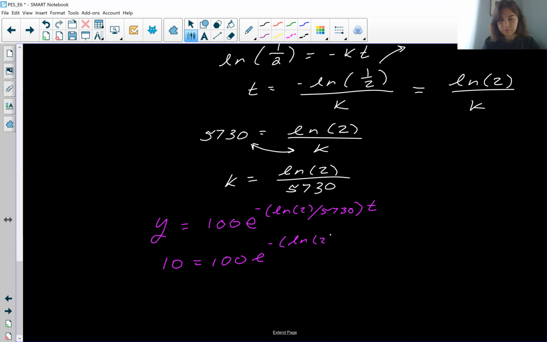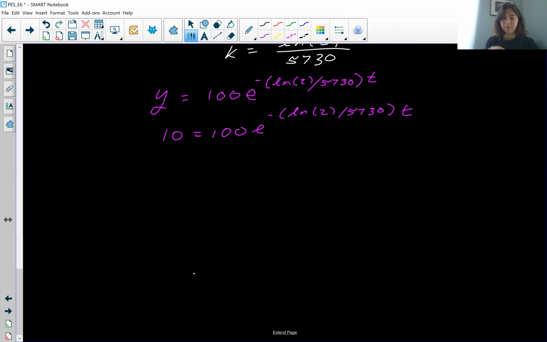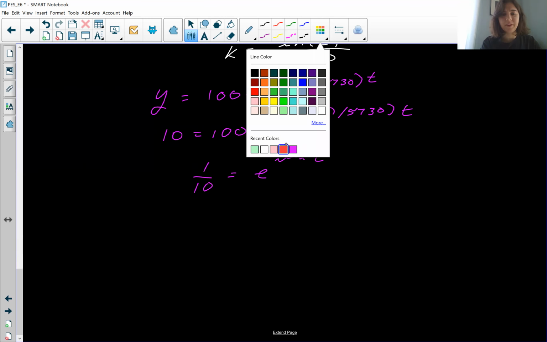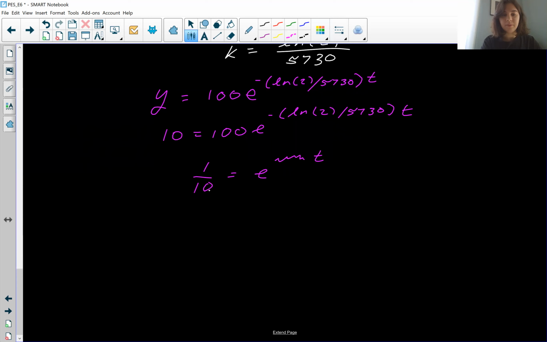Feel free to try this on your own and skip ahead if you don't want to watch me do it. Okay, and we would divide both sides by 100. We would get 1/10 on the left here equals e to the power, I'm going to abbreviate that, times t. That's not really an abbreviation, I just did a squiggle, but it's easier. And so we would take the natural log of both sides.